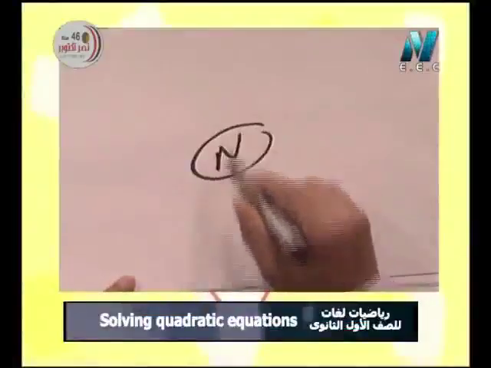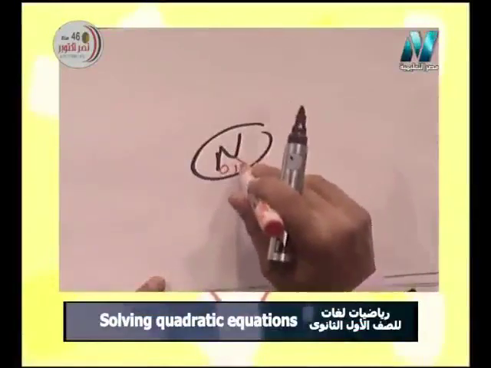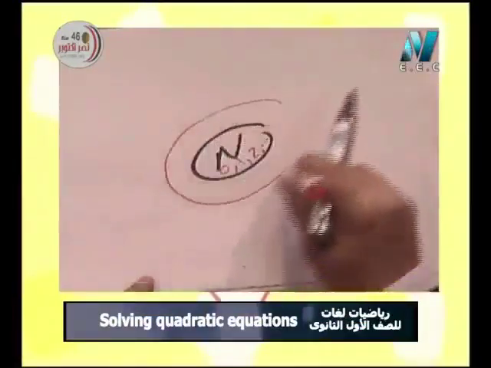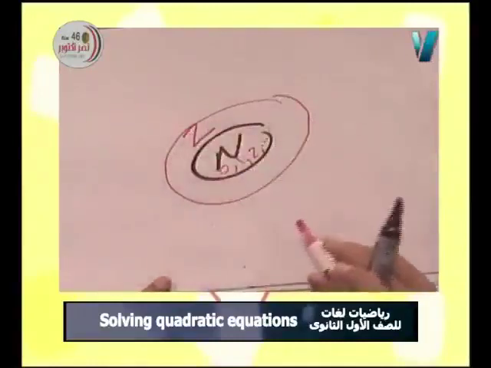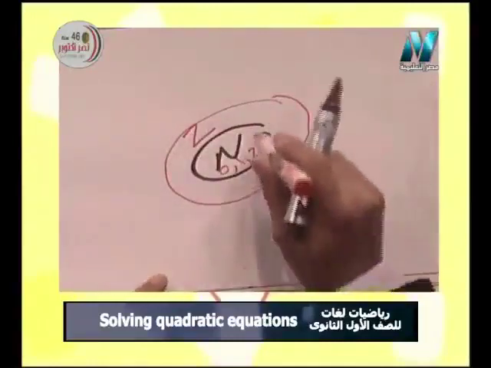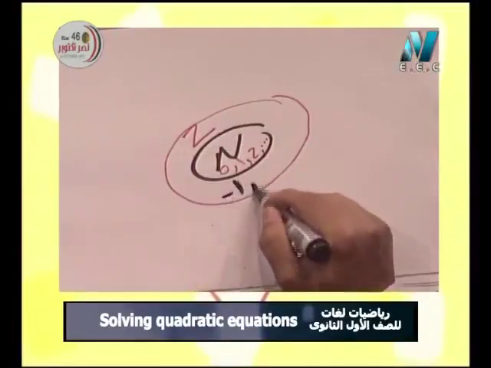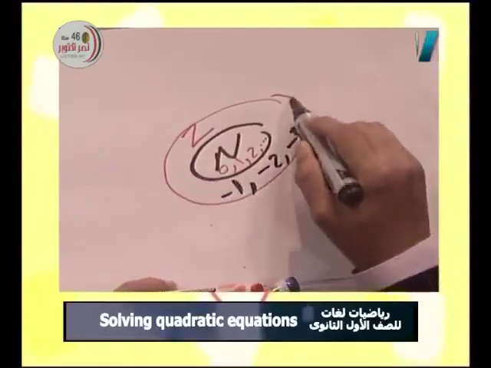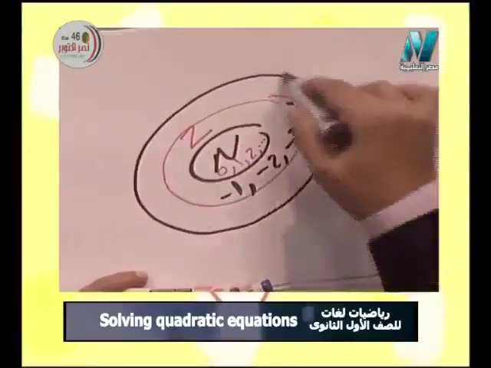We have natural numbers, which are 0, 1, 2 and so on, and we have integer numbers. Integer numbers contain natural numbers plus other numbers which are negative 1, negative 2, negative 3 and so on. And we have rational numbers.